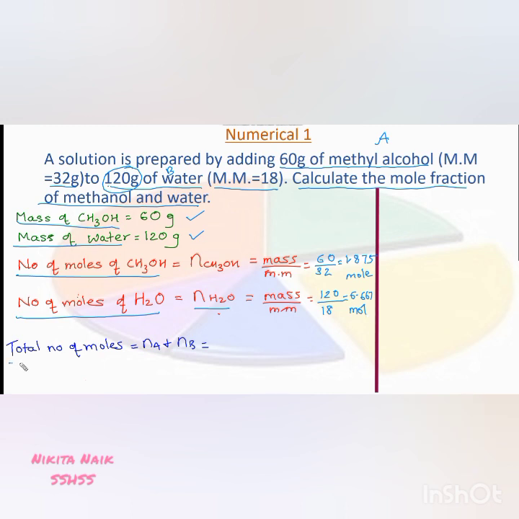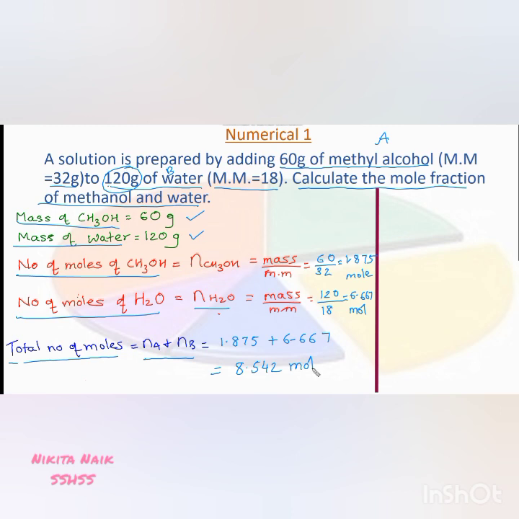So let us calculate total number of moles, that is equal to Na plus Nb. Our Na is 1.875 mole plus 6.667 mole, which gives us 8.542 moles.